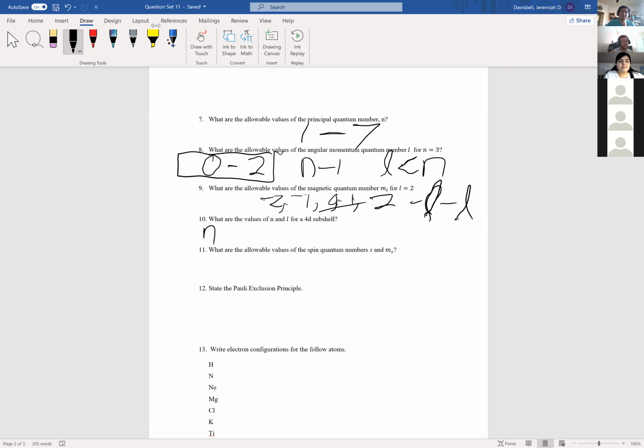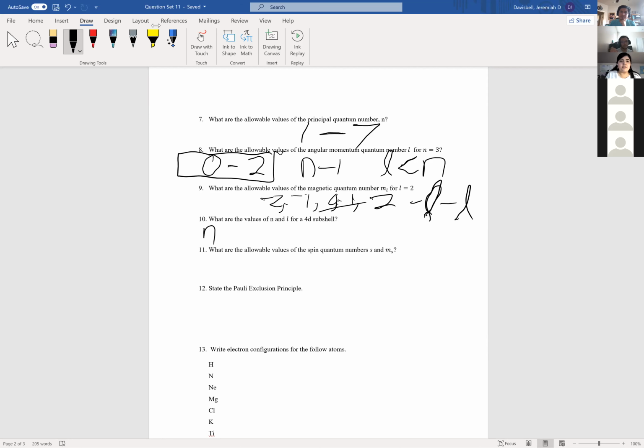Because N minus 1 gives you L. So we had up to 2, because 4D means that we're looking at the 5th row. That's why I'm thinking that N's 5.